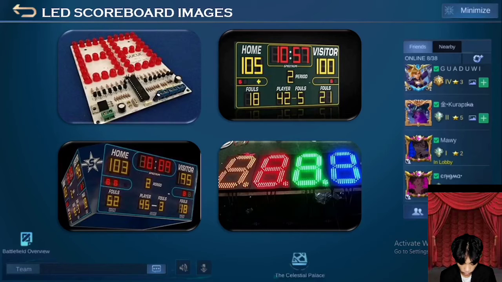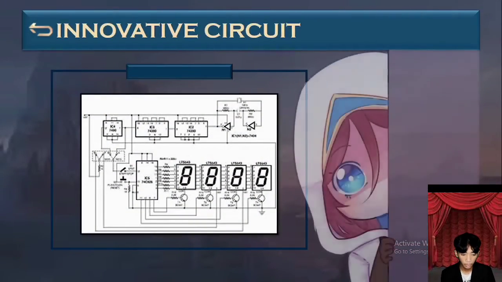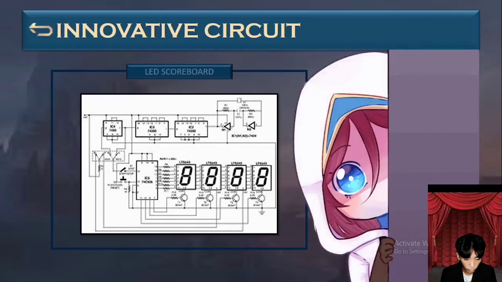So let's discuss. As you can see, this is the innovation circuit, and the transistors are not present anymore. They are being replaced by an IC, or an integrated circuit. It is now the most important component in this circuit.